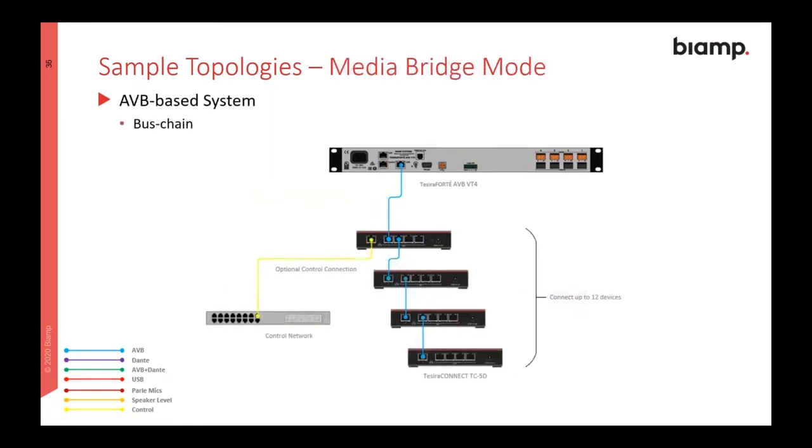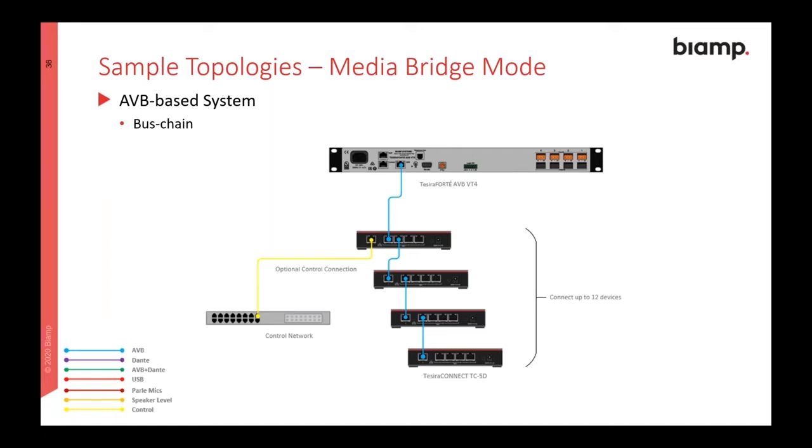When you're using the TC5D in bridge mode, you have to go with this configuration. So the difference between previous configurations and this one is that the control connection, as you can see, is part of that TesiraCONNECT network, right? This is because the TC5D now participates in your Tesira file.